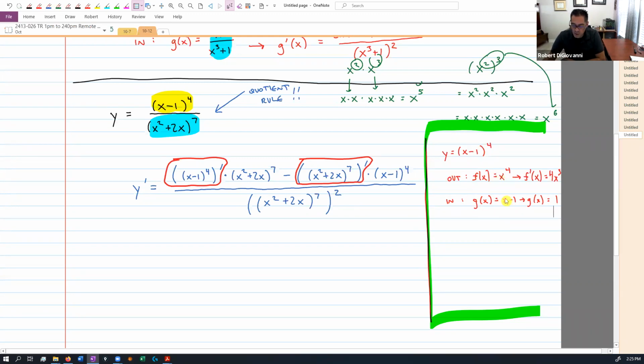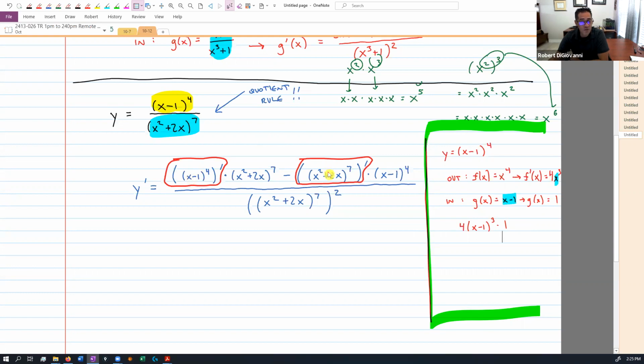The derivative of x minus 1 is 1. The derivative of f is 4x cubed. Then I have to be careful to plug g into that x. So I get 4 times x minus 1 cubed times 1, which is just 4 times x minus 1 cubed. That's going to be the derivative here.